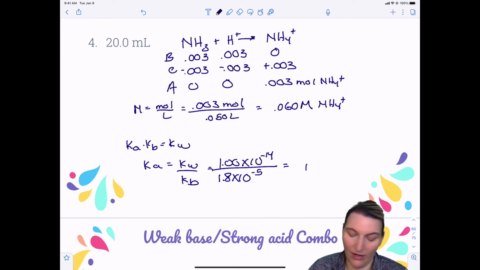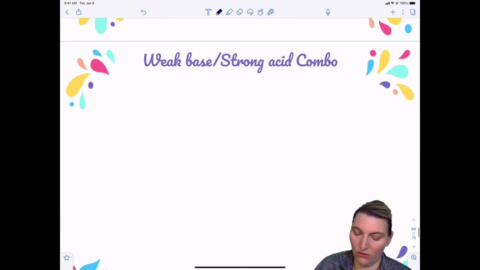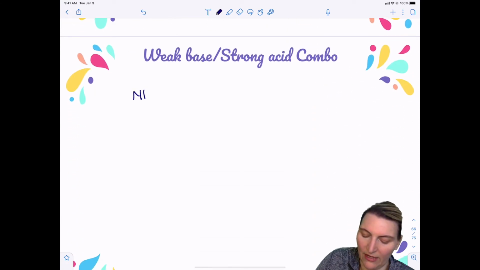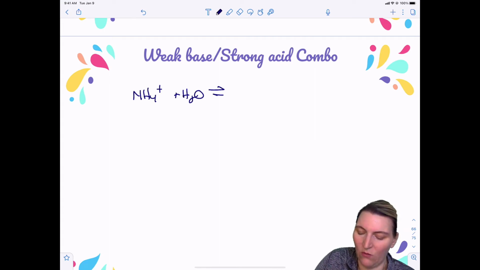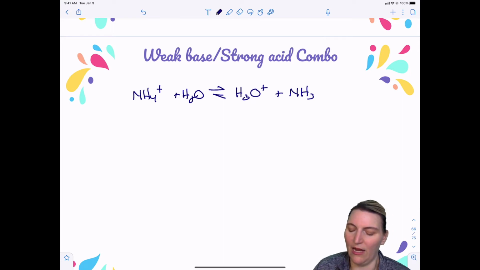And doing that out, I get 5.5 times 10 to the negative 10. So that's the Ka. So now, what is reacting? It's just the ammonium ion acting as a weak acid, donating a hydrogen to water to make the hydronium ion and leaving behind that weak base.